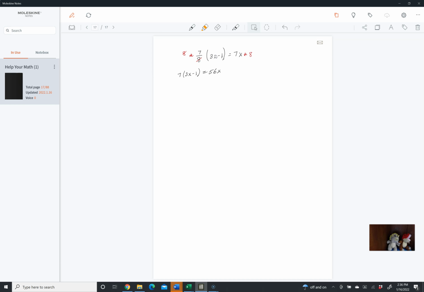So we distribute here because we have parentheses, and on the outside is multiplication, on the inside is subtraction. When we're just multiplying all of our numbers, there's no distribution here. Even if there were parentheses, there's no distribution because the mathematical operation that we're using is the same throughout. So we only need to multiply our numbers, and we get 7 times 8 is 56. So we get 7 times 3x minus 1 is equal to 56x.